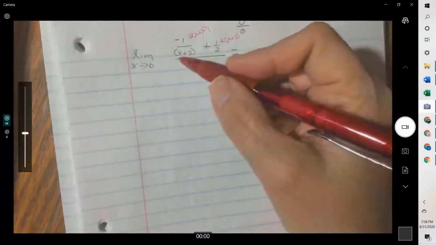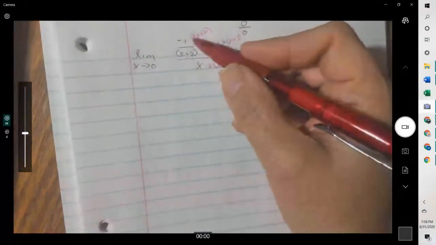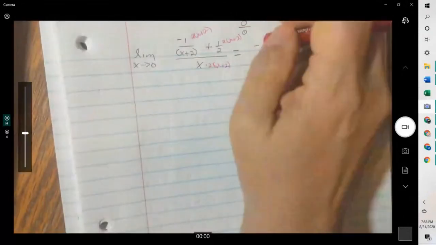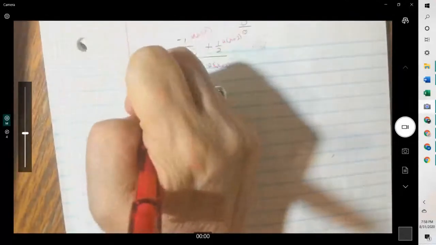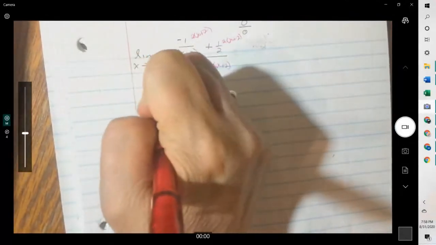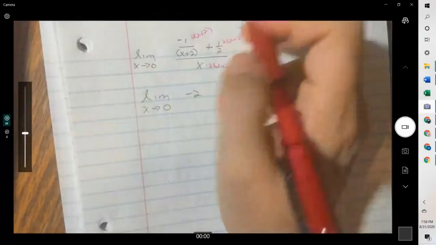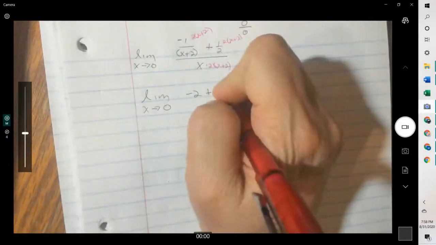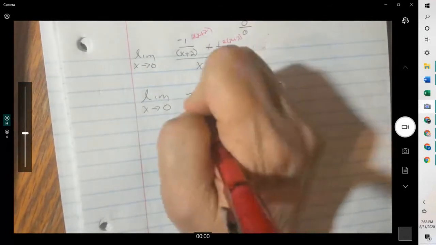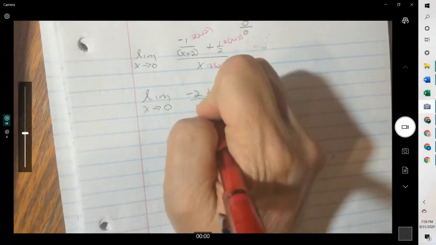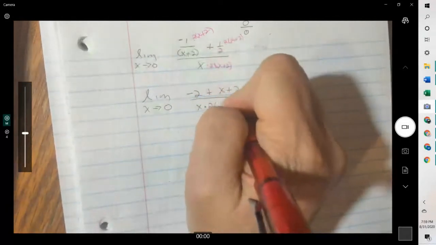So when we multiply here, the x plus 2's cancel, and we're left with a -2. So these cancel and leave -2. The 2's cancel and leave plus x plus 2 all over x times 2 times x plus 2.